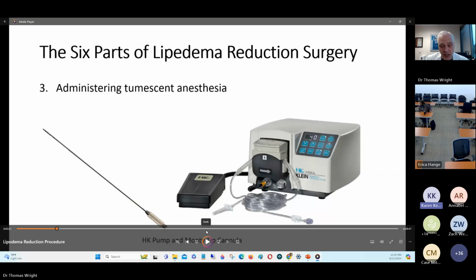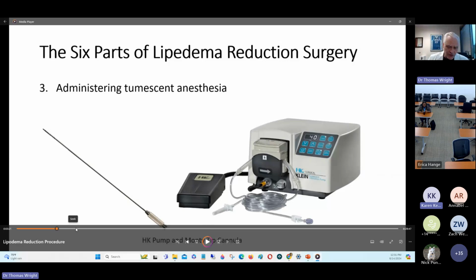I'm not saying you can't do a reduction surgery with the other devices. You can, of course, but I don't get as much out, and I feel like I don't get the results that I want for my patients without the MicroAir PAL.